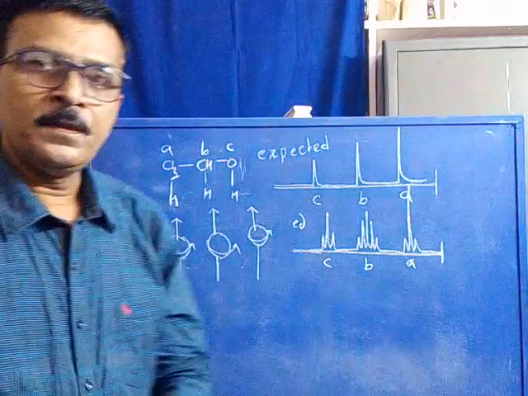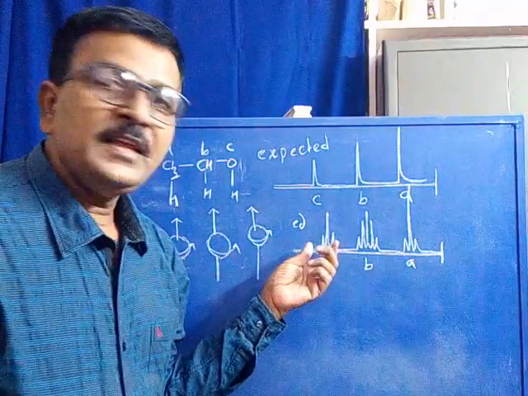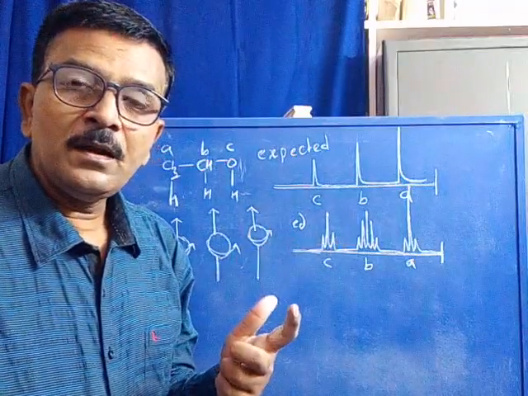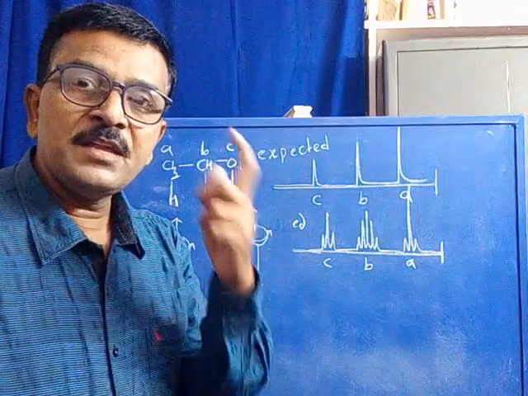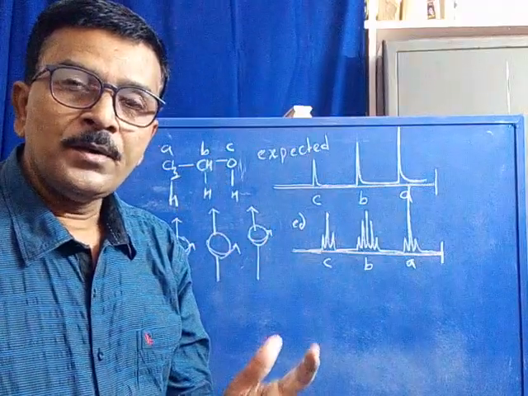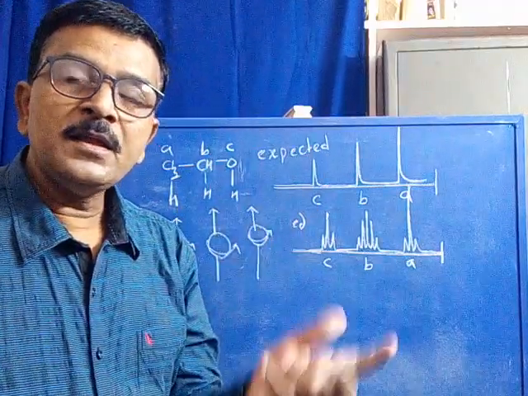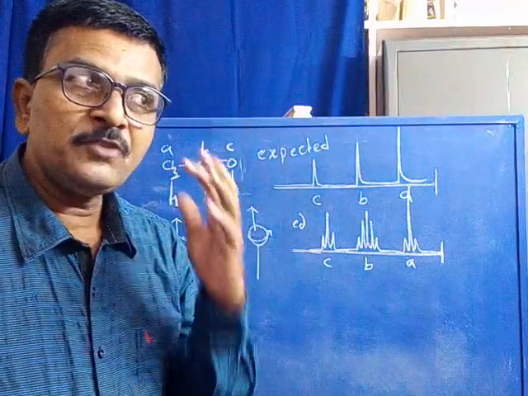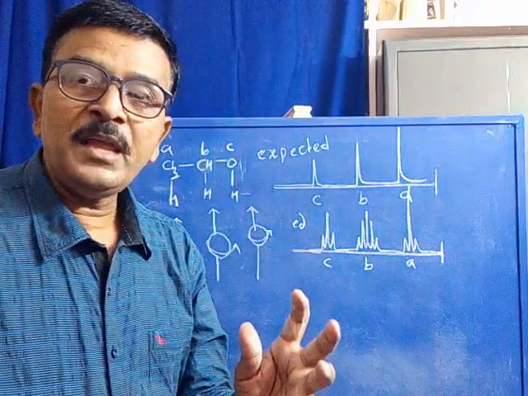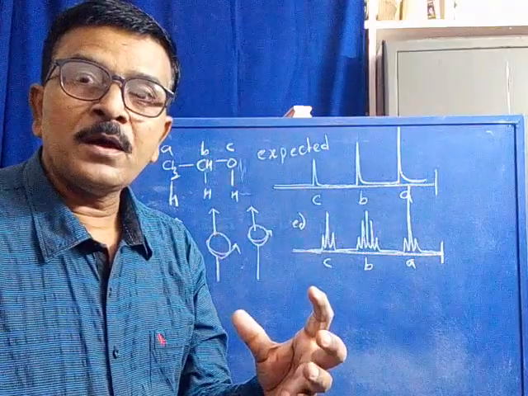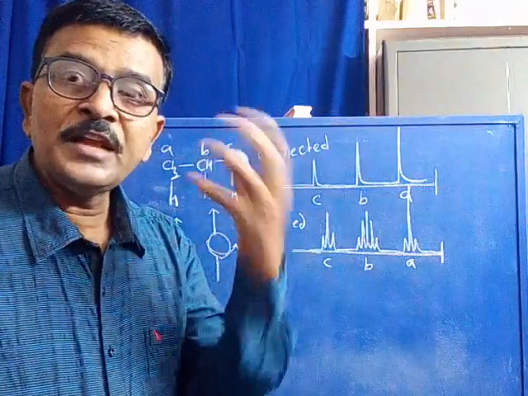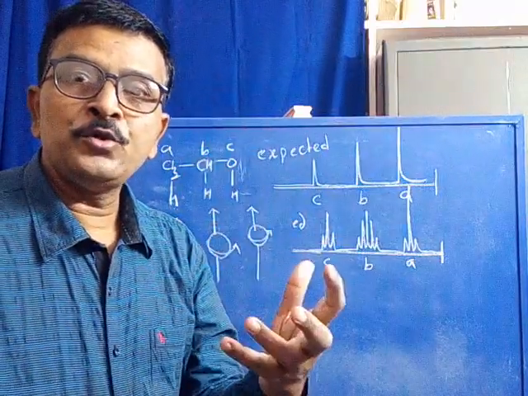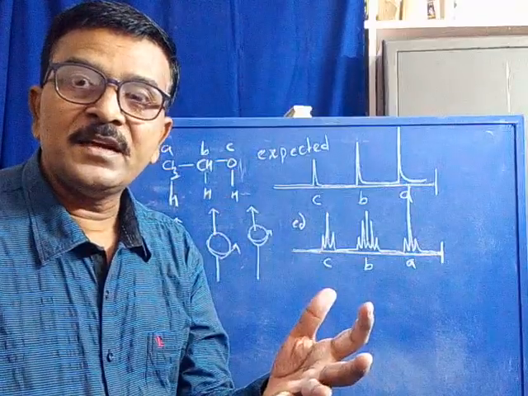So, the appearance of the signal from every set of equivalent protons with more than one line is due to the coupling of the nuclear spin produced by one set of protons with the nuclear spin produced by its adjacent set.